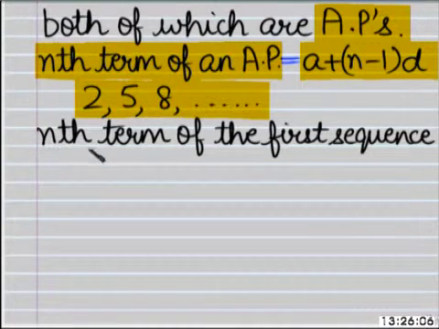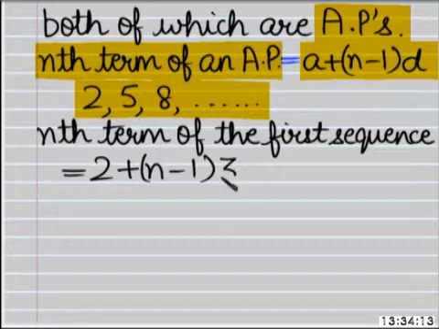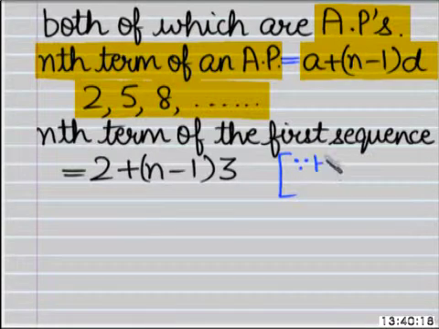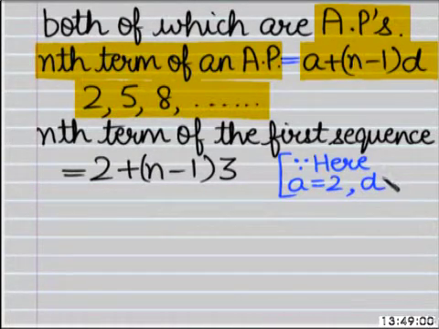So the nth term of this first sequence is equal to 2 plus (n minus 1) into 3, because here first term, that is A, is equal to 2 and the common difference D is equal to 5 minus 2, which is equal to 3.